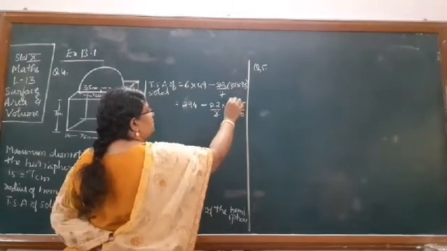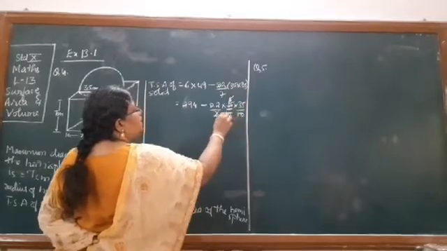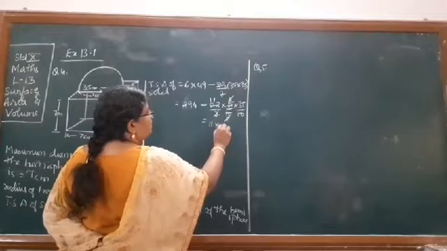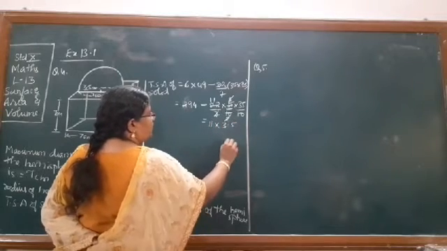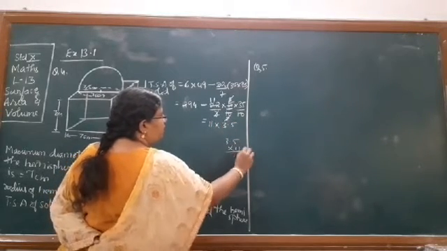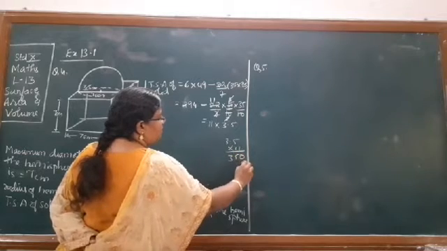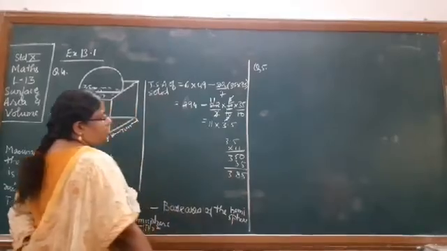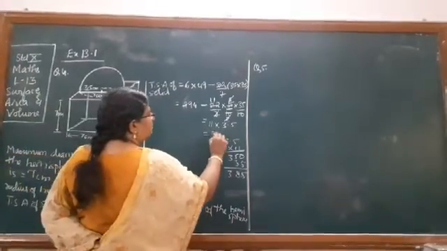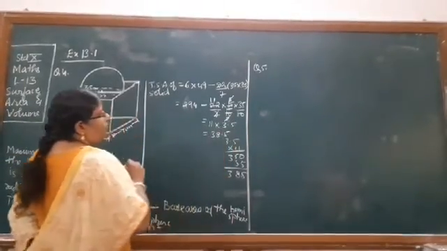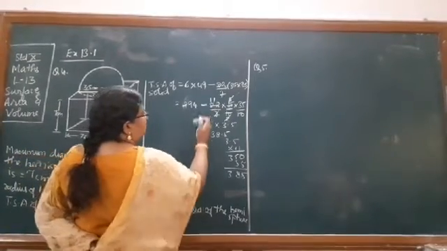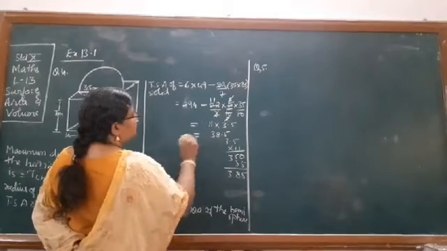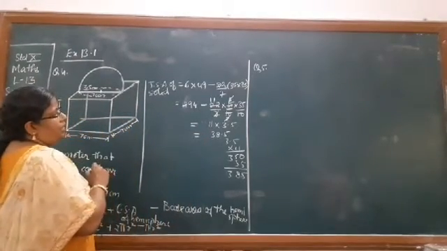Okay, 7 ones are 7, 5 twos are 10, and that will become 11 into 3.5. So 3.5 into 11 is 38.5.